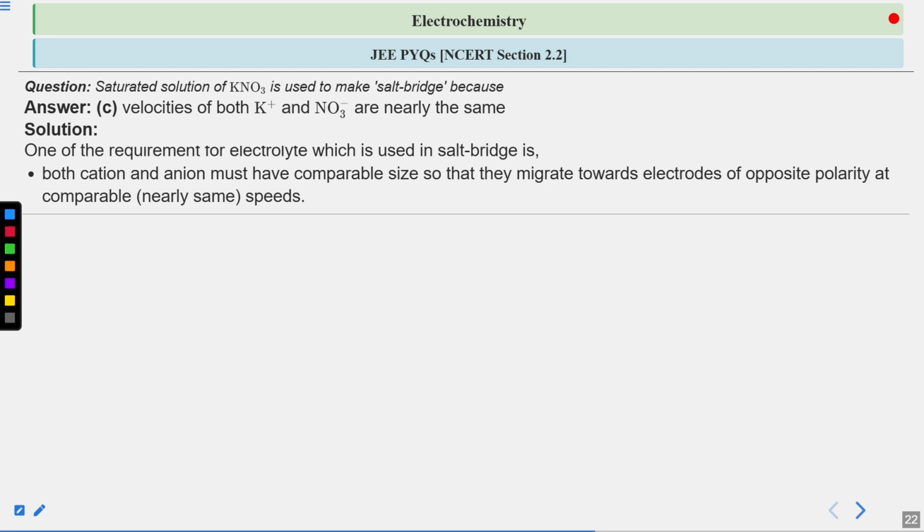So that is why we use the saturated solution of KNO3 to make the salt bridge: the velocities of the ions we get from KNO3, K positive and NO3 negative, are nearly the same. Hence, the correct answer is option C.